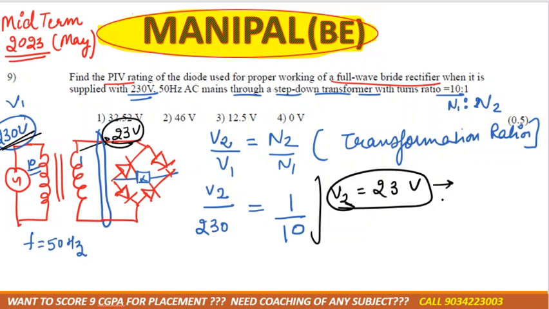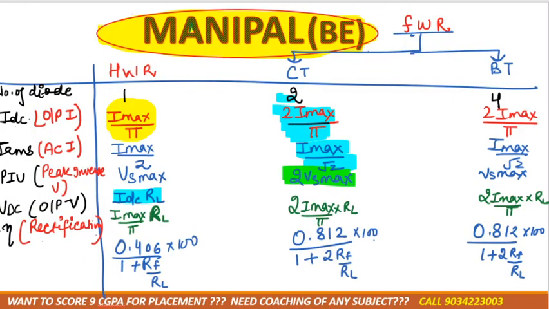Now this voltage we get is an RMS voltage, because in BT you studied that most calculations are done in RMS. But they are asking for the peak inverse rating, which means the maximum voltage. For the bridge type, the formula is Vs maximum.